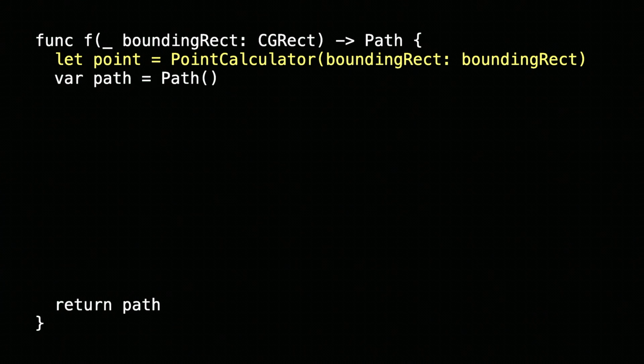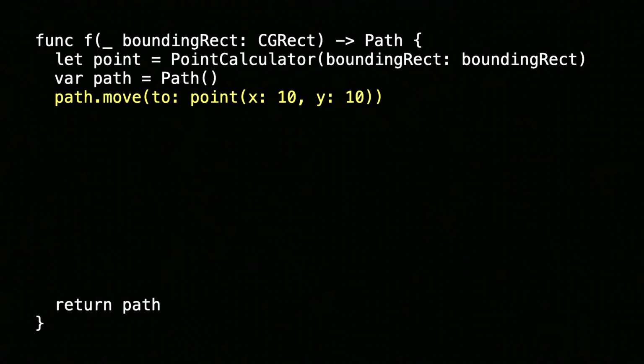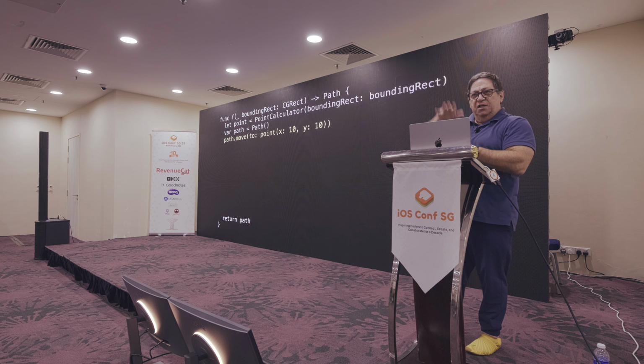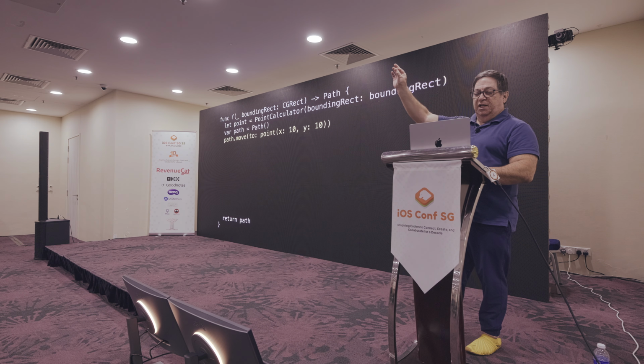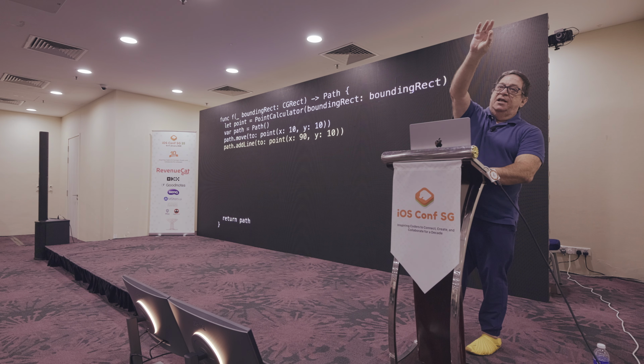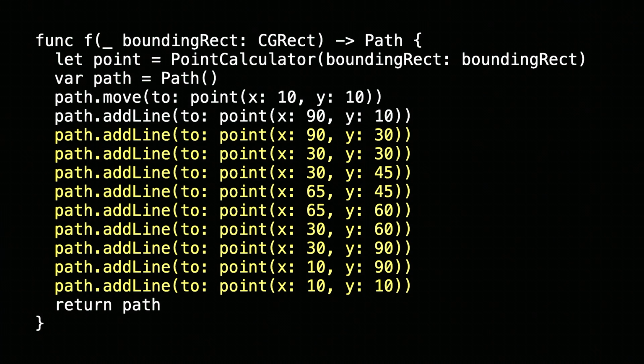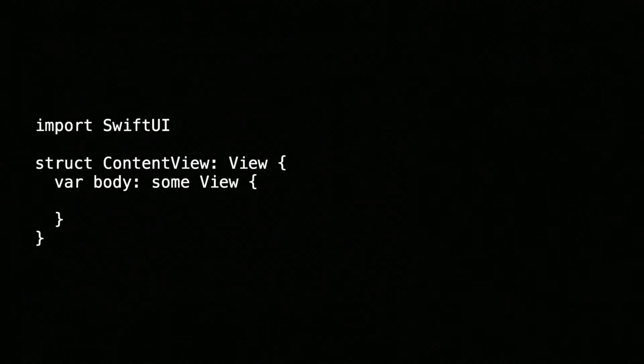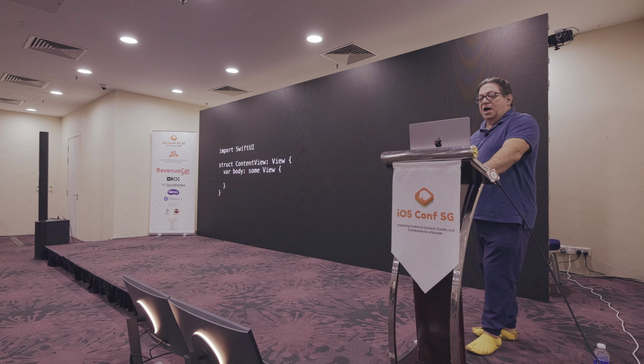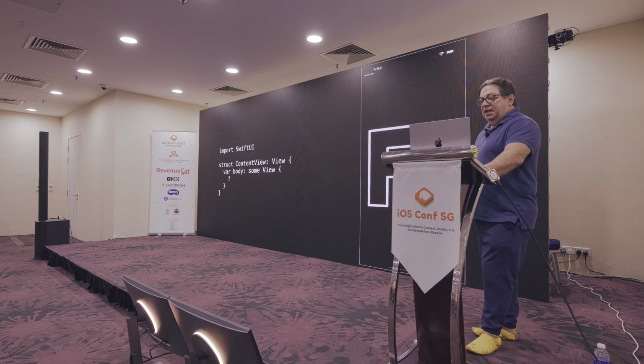This is just a little helper thing for me so that I can say, move to x 10, y 10, and it's a tenth of the x direction and a tenth, so it's 10%. And so it makes it easy for me to move to a place, add a line across, add the rest of the F. And now if I want to display that inside SwiftUI, I say just show me the F, and I get the F like that.